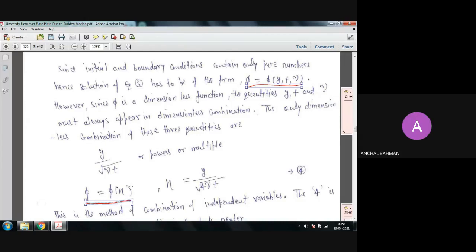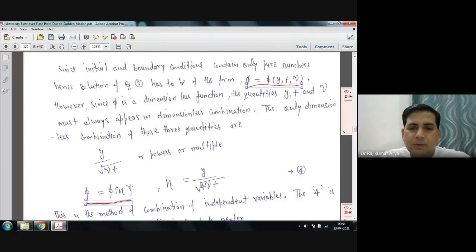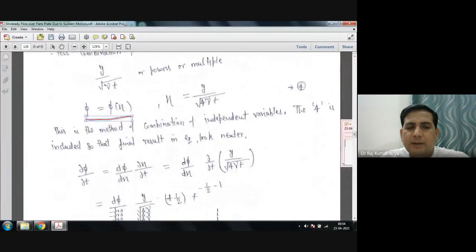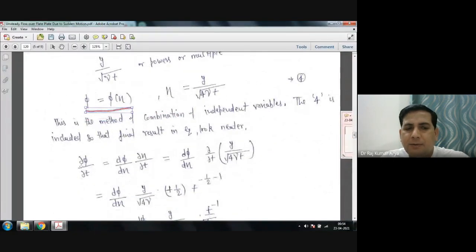Yes, sir. So now you can rewrite your equation. You have a term del phi upon del t in your original equation number 3. Now you can find the derivative of that from here. So you can write d phi upon d eta, because phi is the only function of eta, and this way you find the derivative of del phi upon del t.